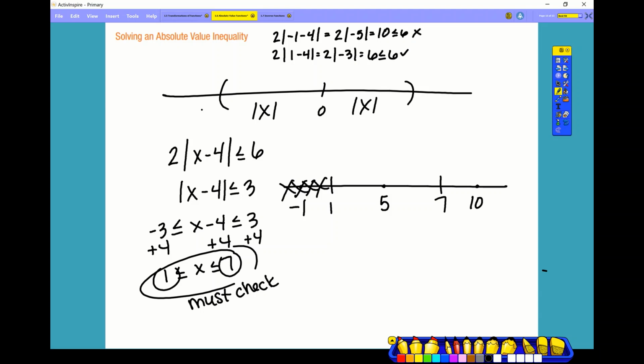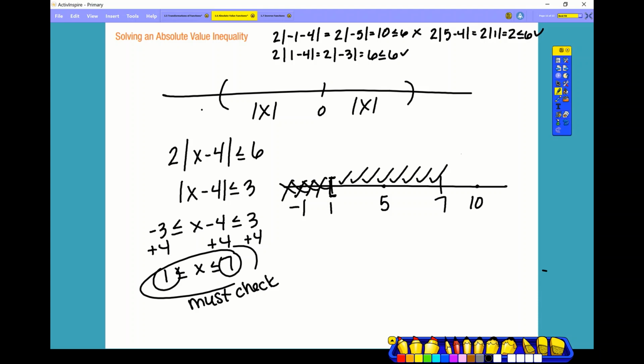We're good here, so we can include it. Now what about 5? Is that less than or equal to 6? Yes, it is. So that means everything in this interval is good.